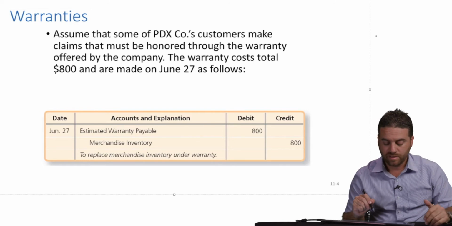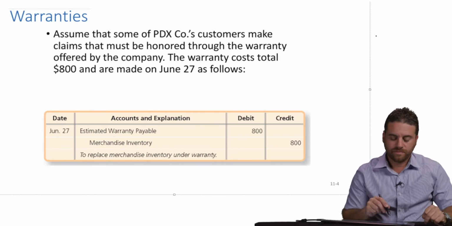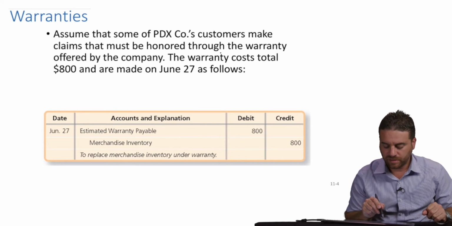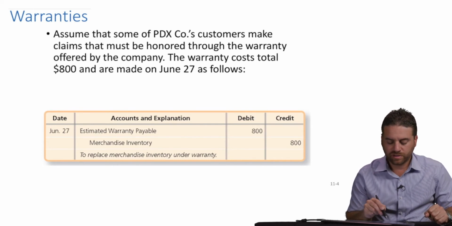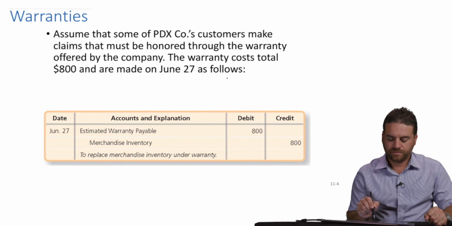It doesn't really matter because we already secured recording the warranty expense. So assume that some of the PDX customers made claims that must be honored through the warranty offered by the company. The warranty costs total $800 and are made on June 27.